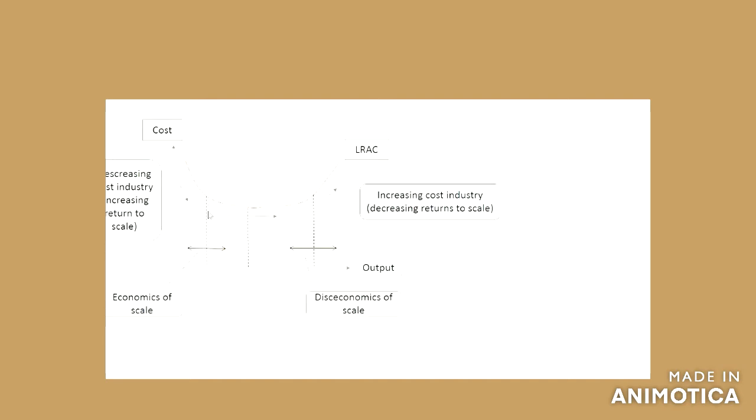At this place it will be constant. All factors of production increase and output increases by the same proportion, and then it will increase. First it will decrease and then it will be constant and then it will increase, because all factors of production increase, and output also increases but by a smaller proportion.